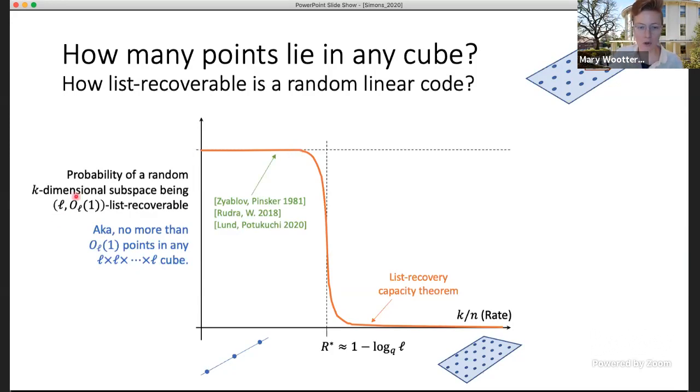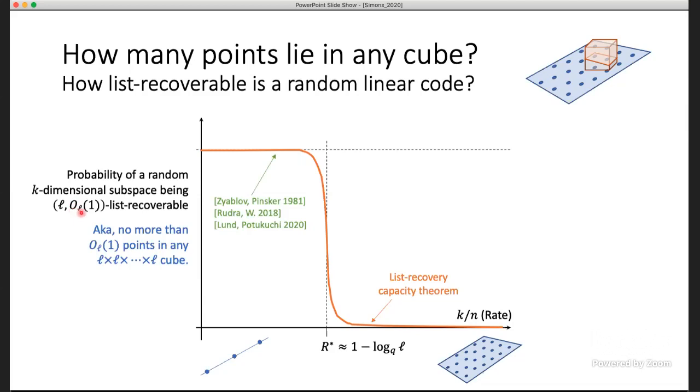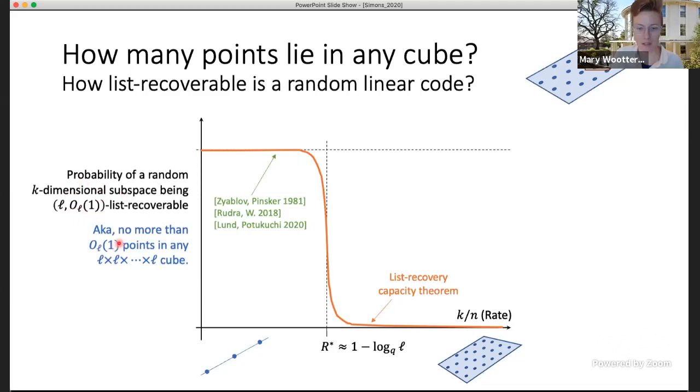In particular, there's a lot more wiggle room in what this number should be. Like how many points should live in a combinatorial rectangle? We can say some constant depending on L. What is the dependence on L?